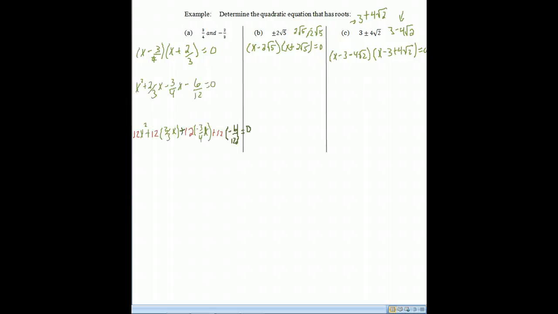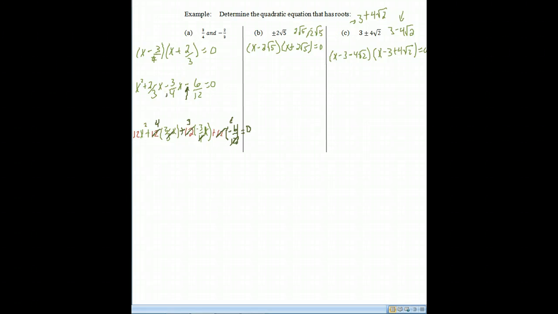Okay, now we carried out our multiplication. We find that we have denominators of 3, 4, and 12. So the common denominator will be 12. So 12 is multiplied to every term. So 12x squared. 3 goes into 12 4 times. 4 goes into 12 3 times. And the 12s here cancel. Notice that anywhere there was a negative, I placed it inside the brackets.